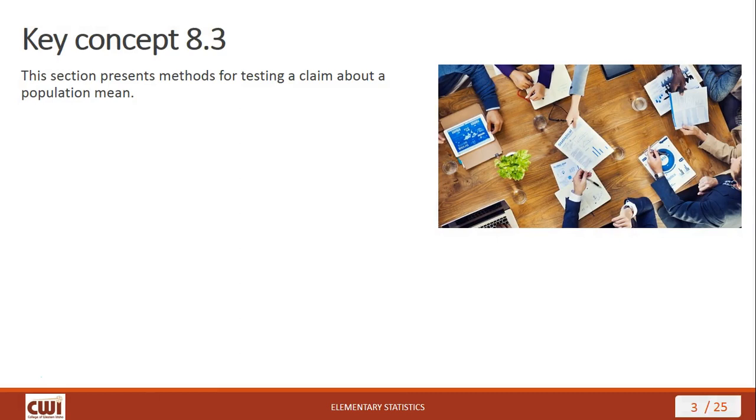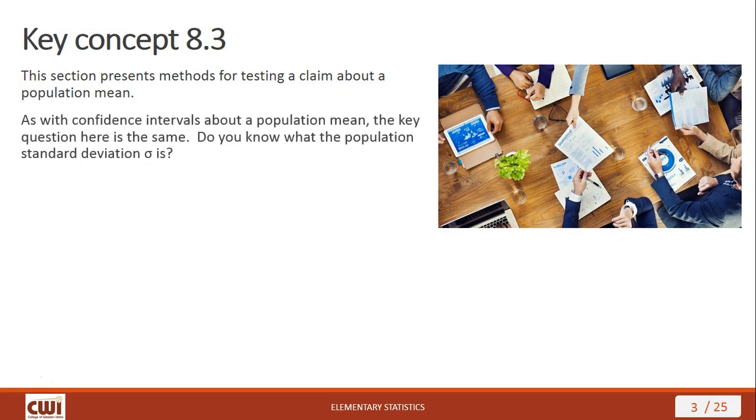So in this section, we're going to present methods for testing a claim about a population mean. Now, as with the confidence intervals about a population mean, the key question here is the same. Do we know what the population standard deviation is? If the answer is yes, then we're going to use the standard normal distribution and we'll calculate a z-score for our test statistic.